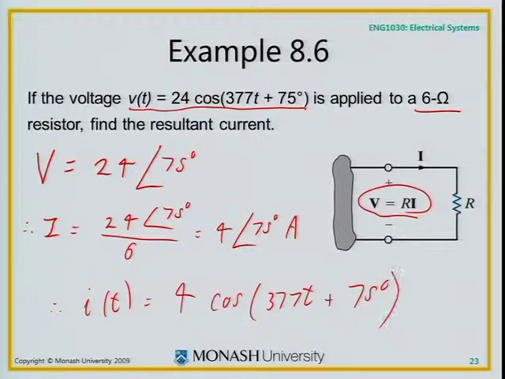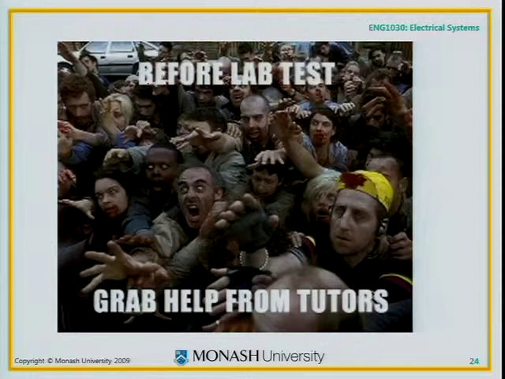Well, of course, that's just v of t divided by 6, because I could just do Ohm's law in the time domain directly. When we do it for inductors and capacitors, it's going to be different. We won't have to differentiate. We won't have to integrate. But for completeness, that's how we do it for resistors.